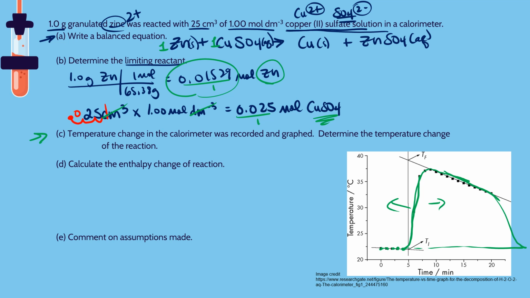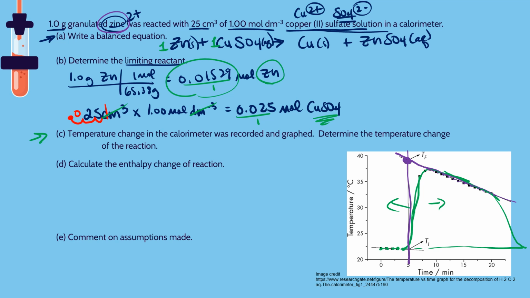We're going to draw a vertical line from when we added that zinc. And then we're going to draw a straight line, a tangent, along the cooling of our solution as that solution is losing heat to the surroundings. We're going to draw it up until it runs into that vertical line that we drew from when we added our zinc.